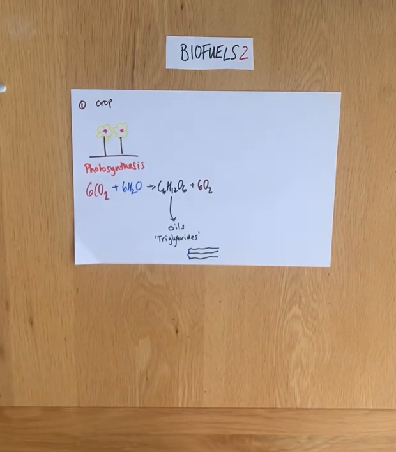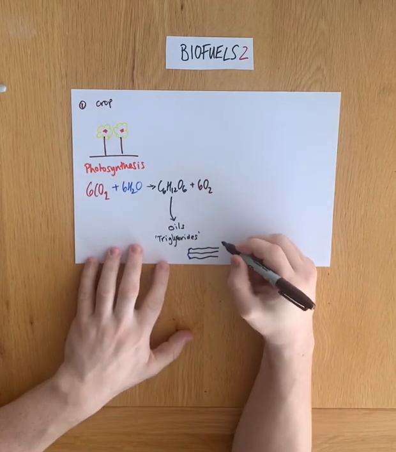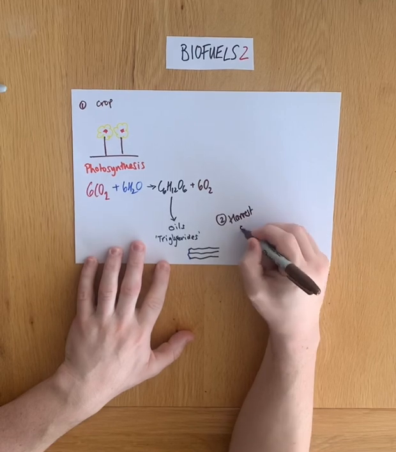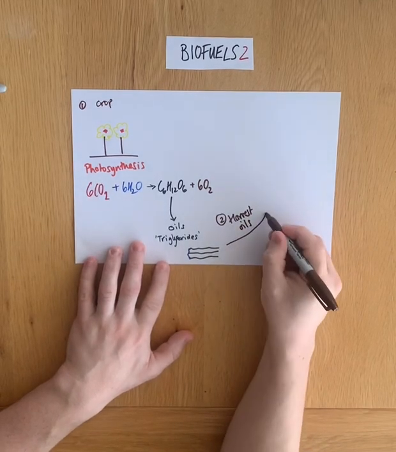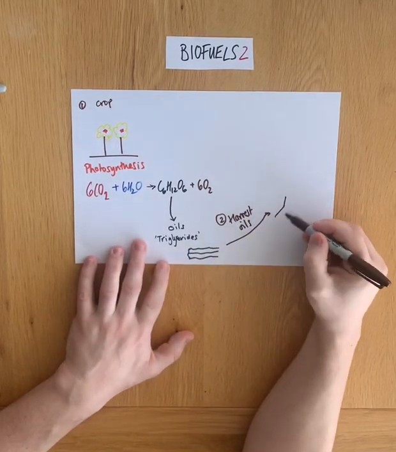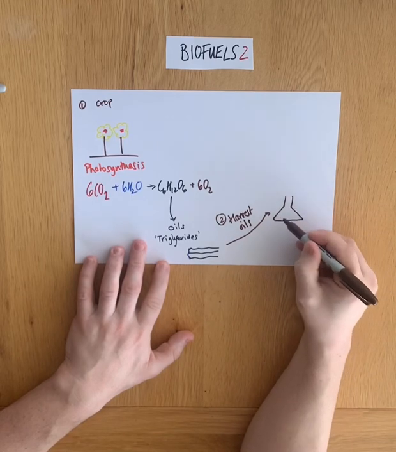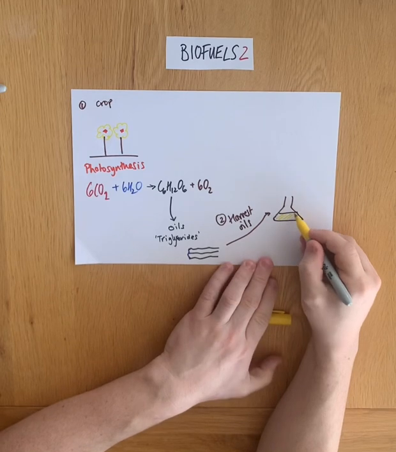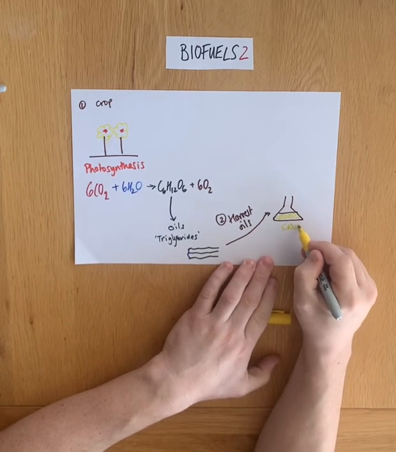So what we do, we human beings will harvest the oils, and then we end up with our crude sunflower oil.